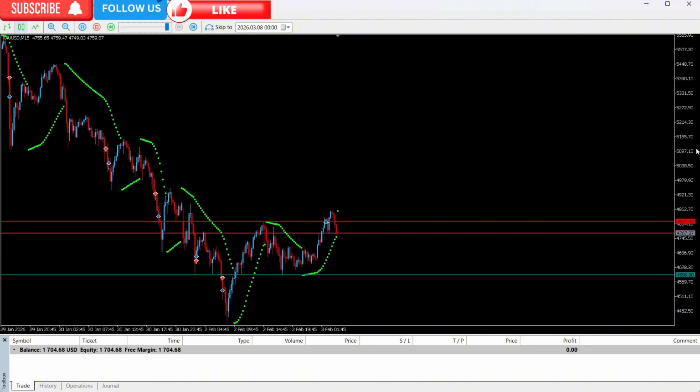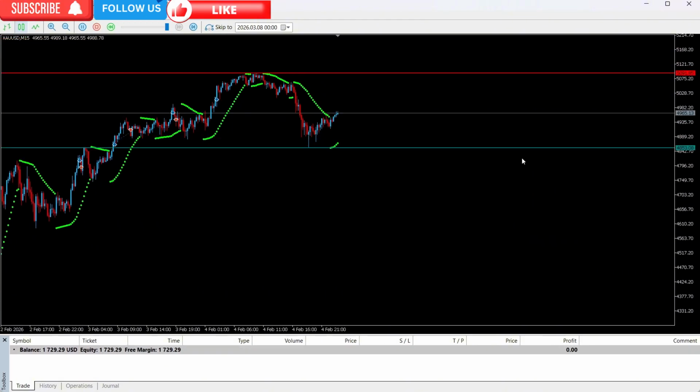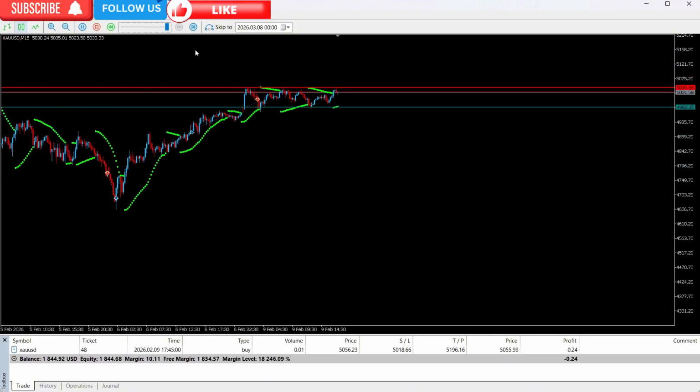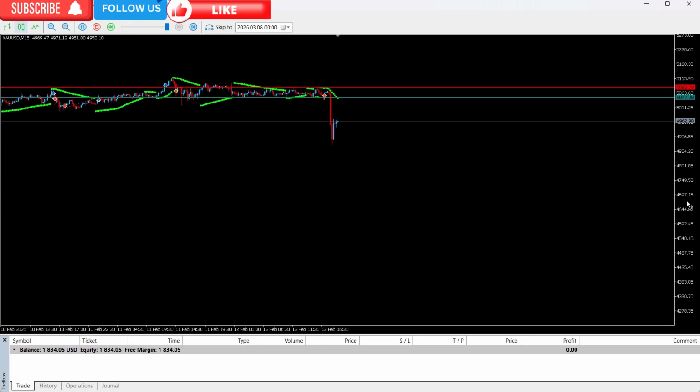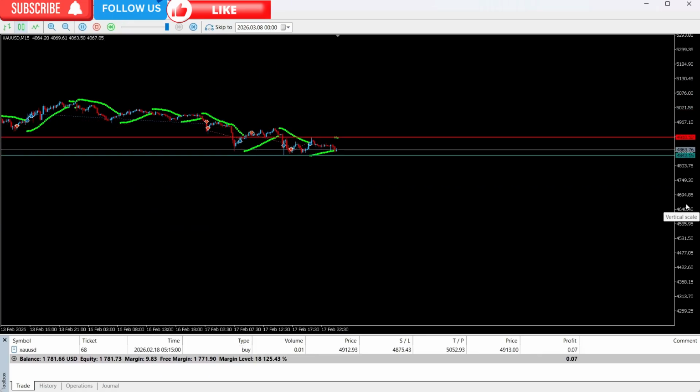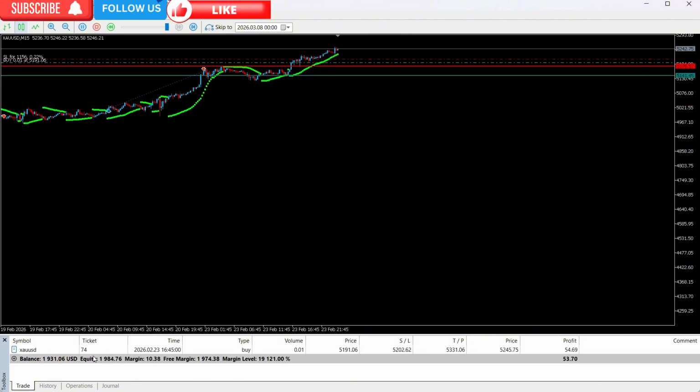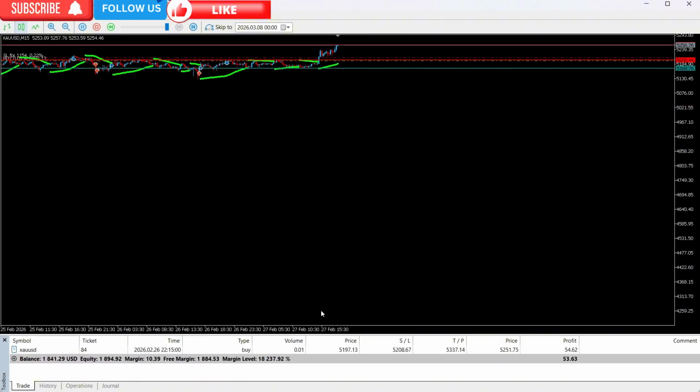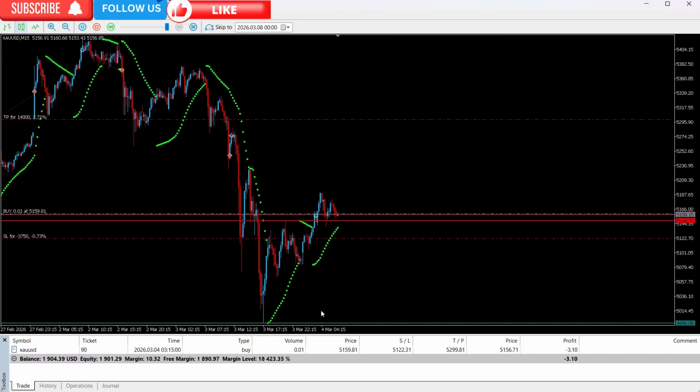Okay, but let's just run this to the end of the backtest quickly. If you just watch the equity, it does bounce around, but overall, at the end of the 4 months, it makes money.